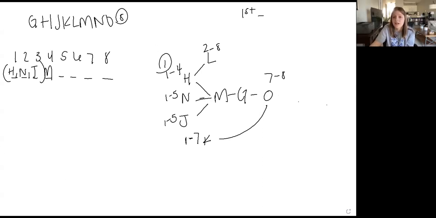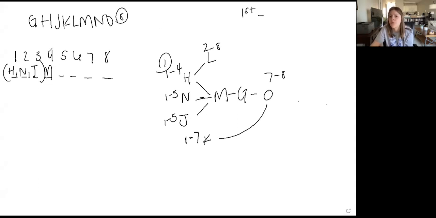A lot of times with these questions, we don't have to solve out a full world to understand it. If 3 of these have to come before M, that means L is going to be on my right side.